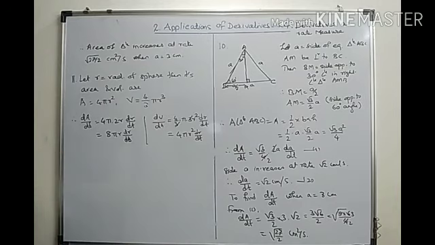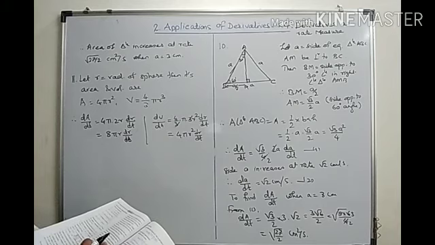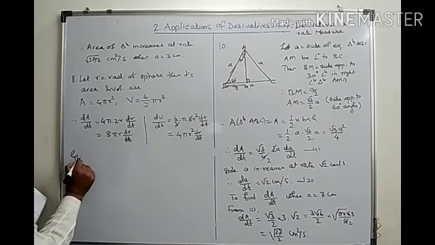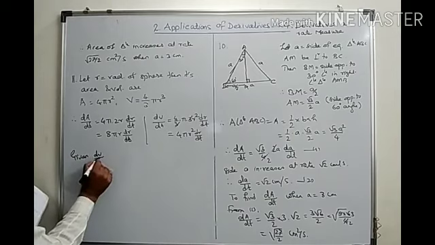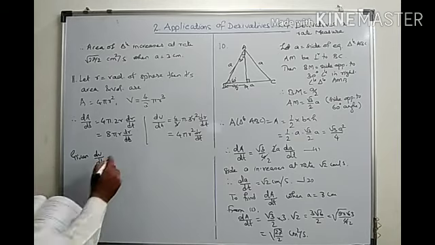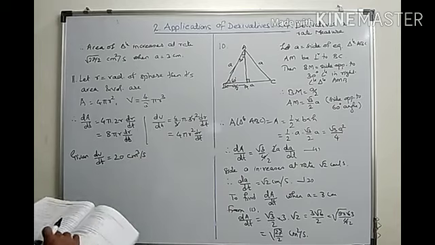So what is given here? Given dV by dt is equal to 20 centimeter cube per second.